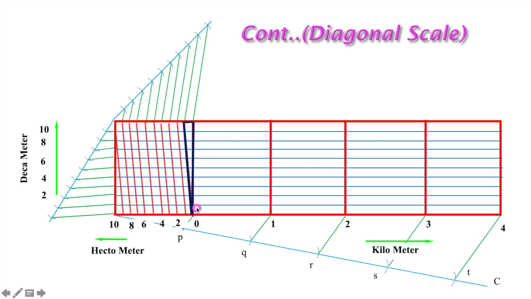From this vertical line to this point, 0.11 kilometer. From this vertical line to this point it is 0.12 kilometer, this is 0.13 kilometer, this is 0.14 kilometer, this is 0.15 kilometer, and like here this is 0.2 kilometers.